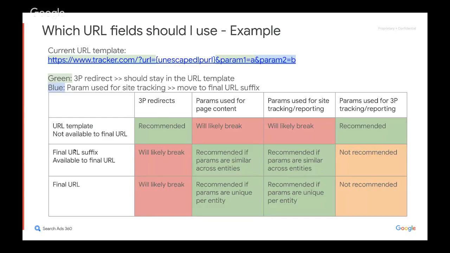One thing I want to add about the final URL suffix is that it's available on every level where we have URL templates present, so it can be appended as granularly as sitelink or keyword.